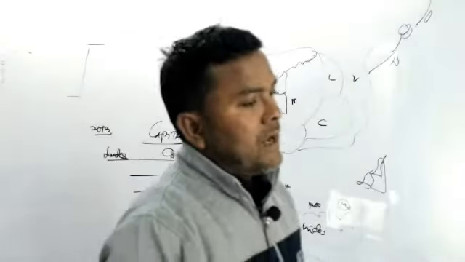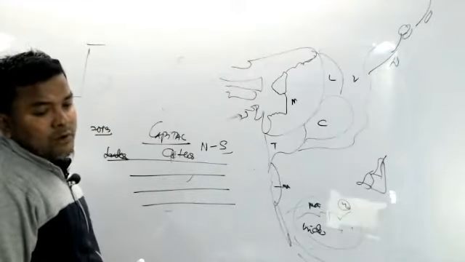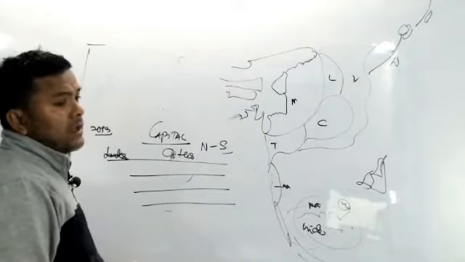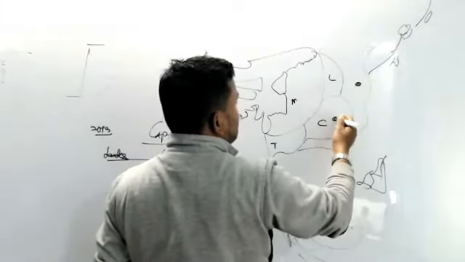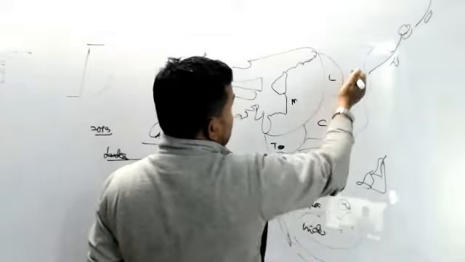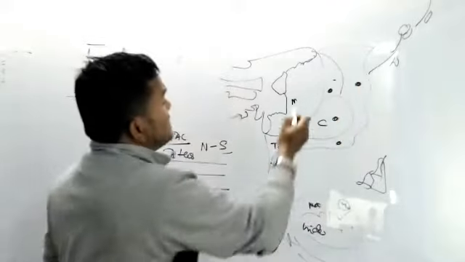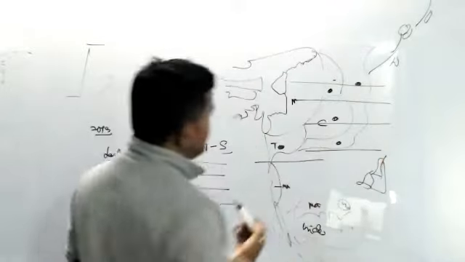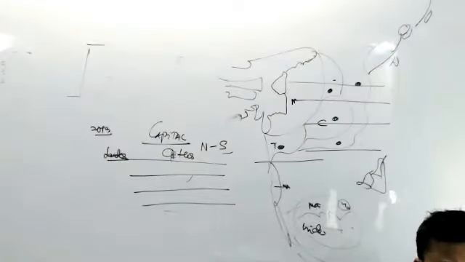For example, if I say Hanoi, if I say Bangkok, if I say Vientiane, if I say Phnom Penh, these are the capital cities of this area, and you need to arrange them from north to south. The latitudes of the country capitals are asked in the exam.